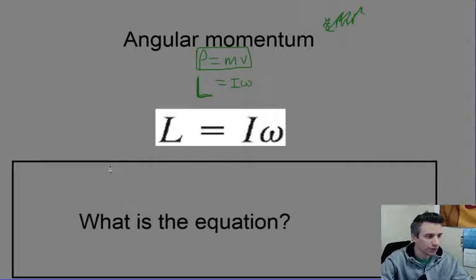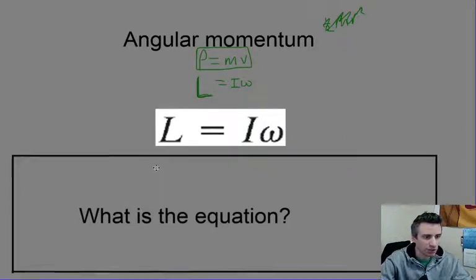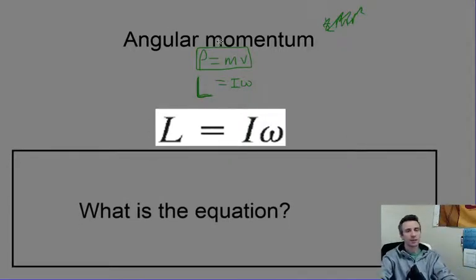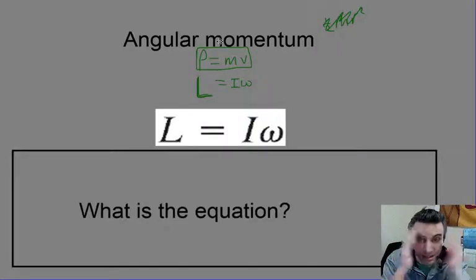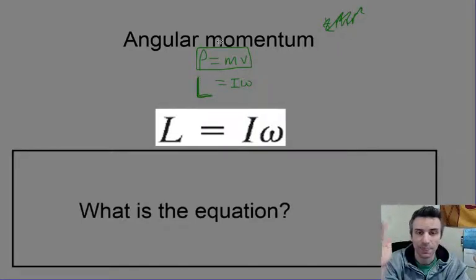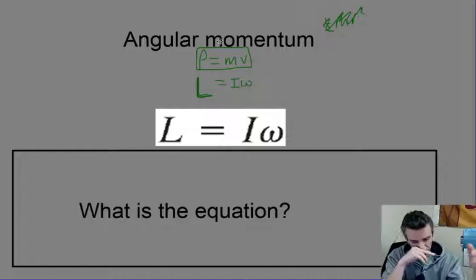Okay, so let's see if we can look at this conceptually. Now, the same concepts apply from linear motion to rotational motion. Listen, I want you guys to hear me on this. Any concept that you have learned up to this point can be applied to rotational or angular motion. Think of Newton's laws.